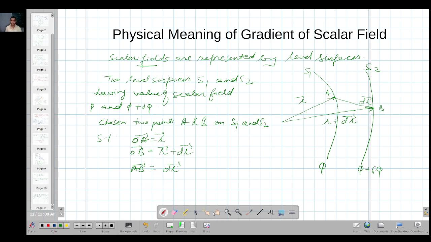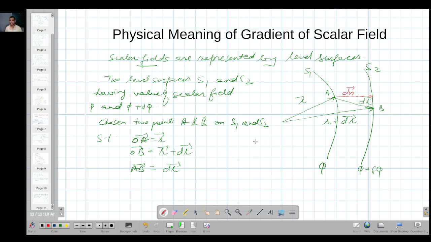Now if we draw a normal to the surface S1, say this is the normal vector which I am drawing, it's along this way, and let me call it dn vector.